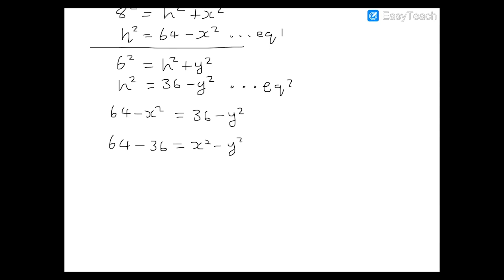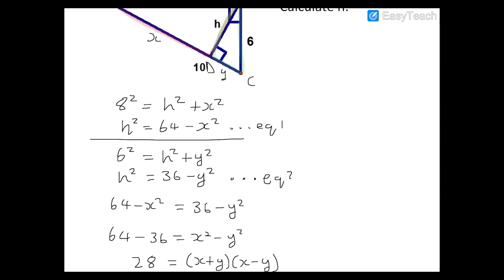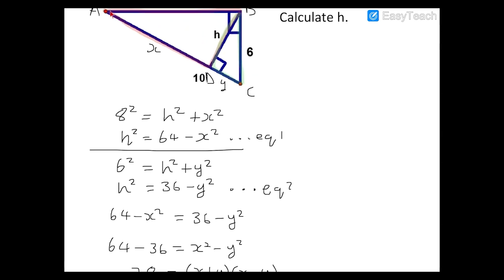So 64 minus 36 is equal to 28. So I get 28 is equal to, I will factorize the right hand side into x plus y, x minus y, because it's a difference of squares. But I know already, from our diagram here, x plus y is 10, right?